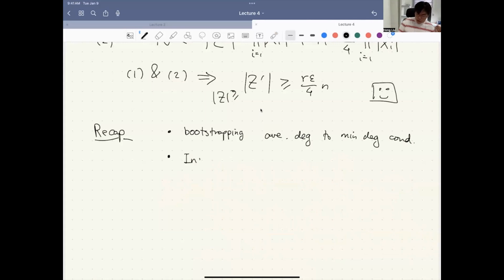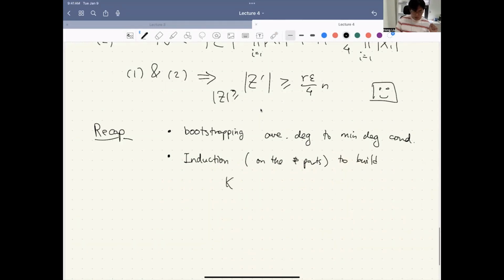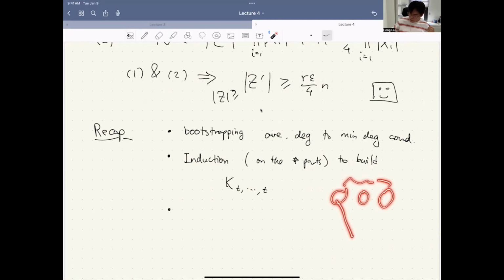And our idea is to use induction, a nice technique, on the number of parts to build this multi-part graph K_{t,t,...,t}. How are we going to build that? Remember, we're building it by induction hypothesis. You already built some parts. To add one more part, we're going to double count.